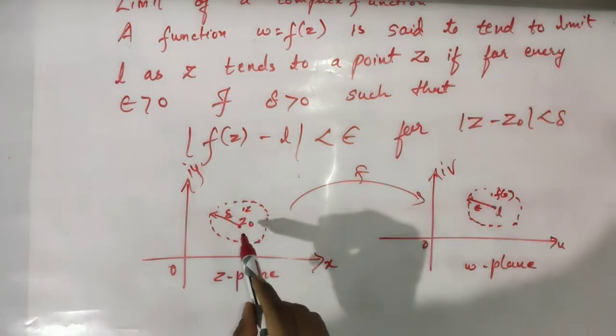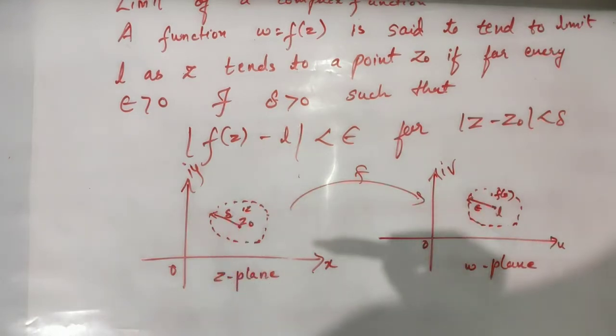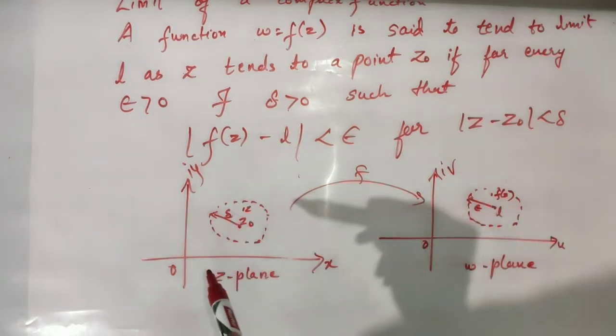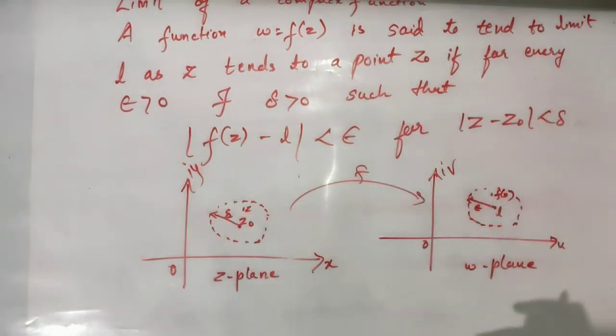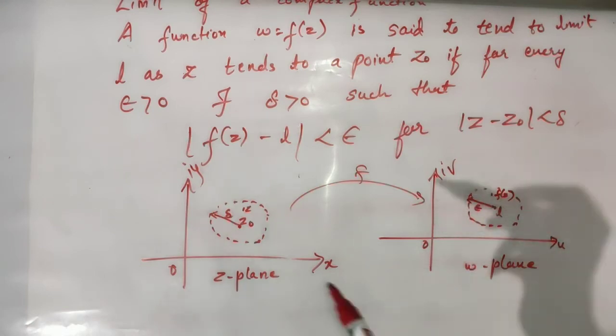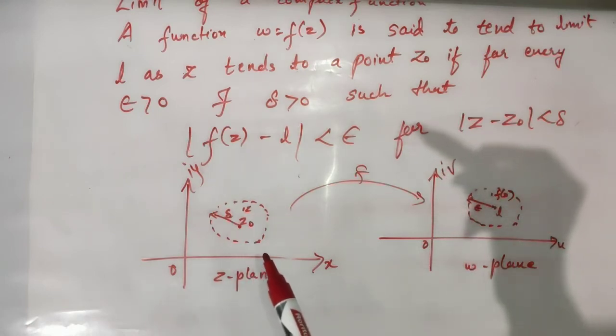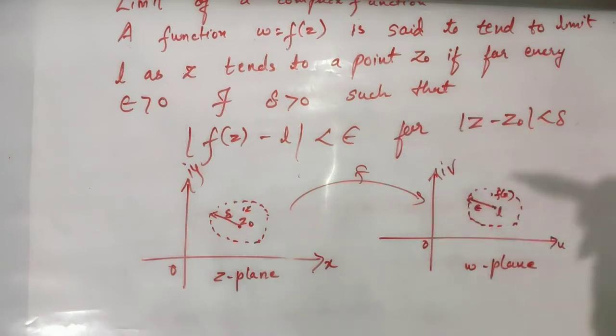Absolute value of z minus z naught less than delta means what? It's going to be a small circle around z naught. If z is within that circle, then the absolute value of f of z minus L will be less than epsilon.